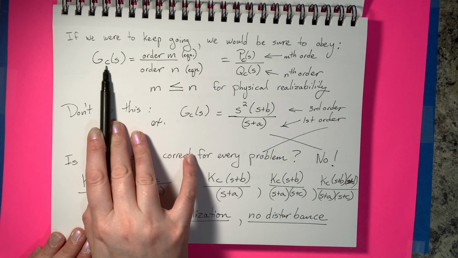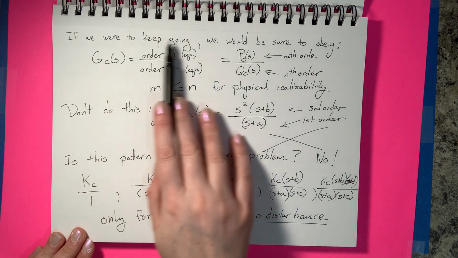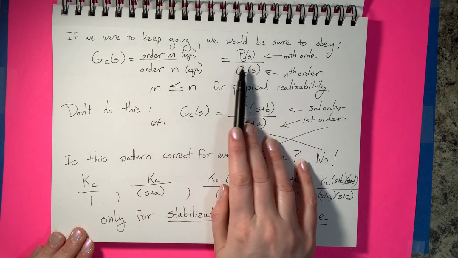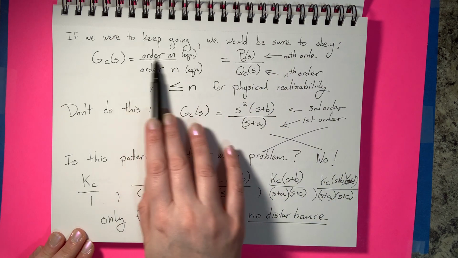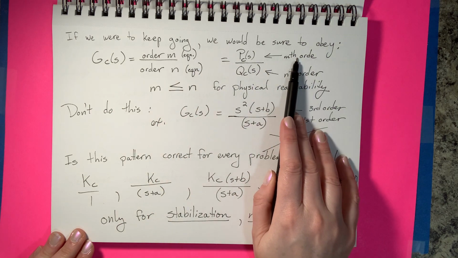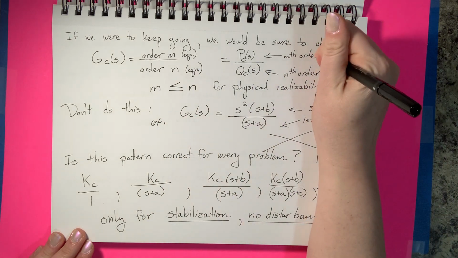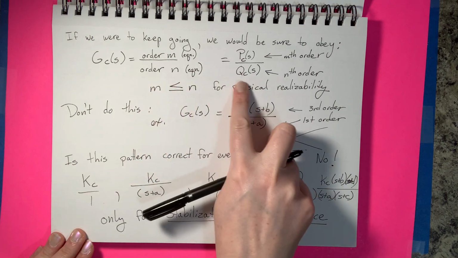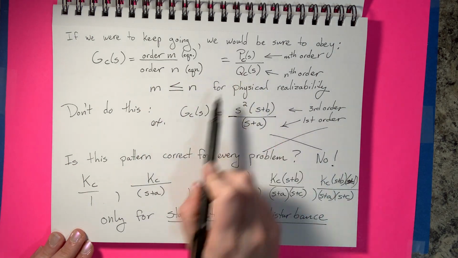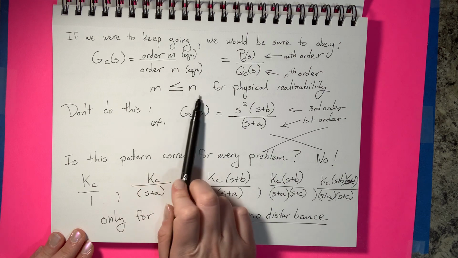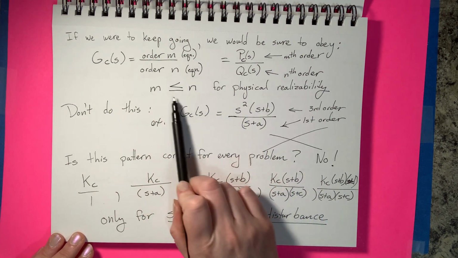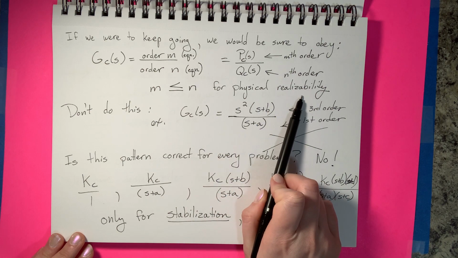We're not talking about the entire system, but say this did have n and m, just different orders, okay? Well, PC, our polynomial in the numerator, has to be less than or equal to the order of the denominator, QC, that polynomial. All right, we have to obey this so that we can actually build it in real life, okay? That's needed for physical realizability.